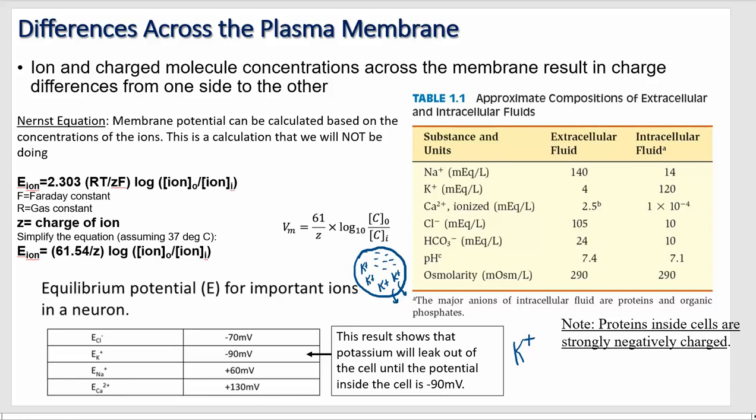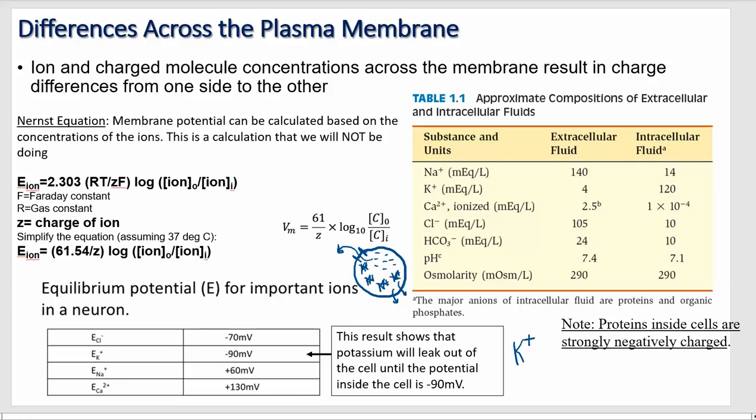Now, this has a physiological use, and that is that if we want to really hyperpolarize a cell, all we have to do is open it wide open to potassium, and potassium will leave that cell until it's minus 90 inside the cell. And then it'll stop leaving.